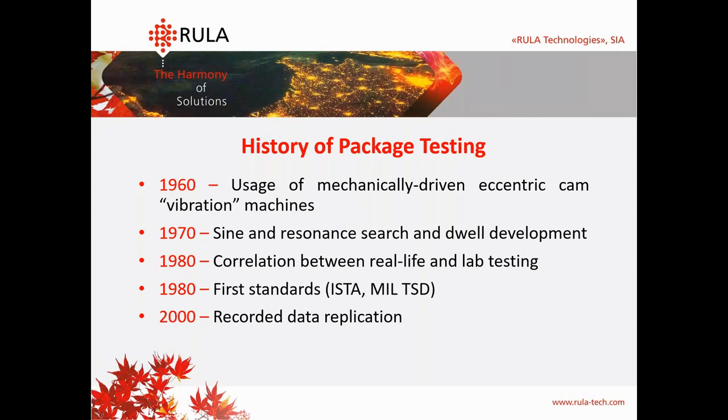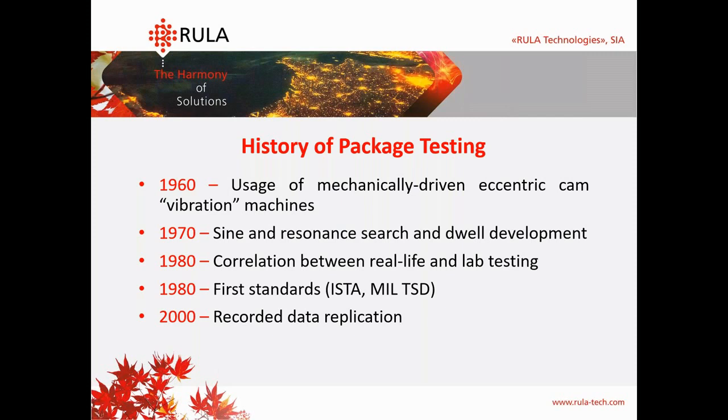In the 80s, when the random test was developed, engineers had an ability to make a correlation between real life and lab tests. For example, using random tests, you can replicate real life events like rail crossing, truck shipment, turbulence, or plane bad landing. And then in the 80s appeared the first standards.